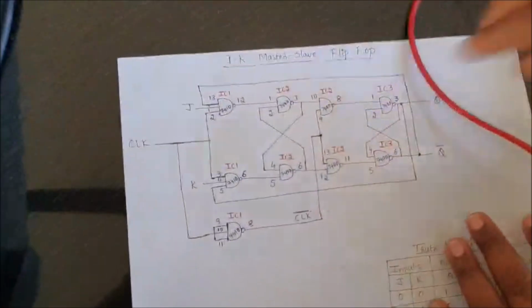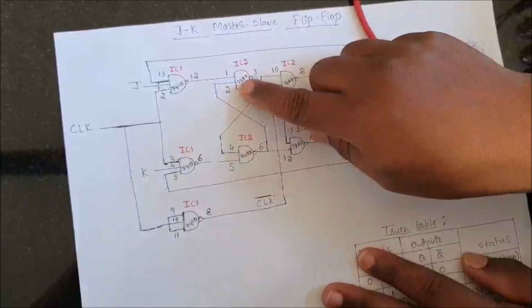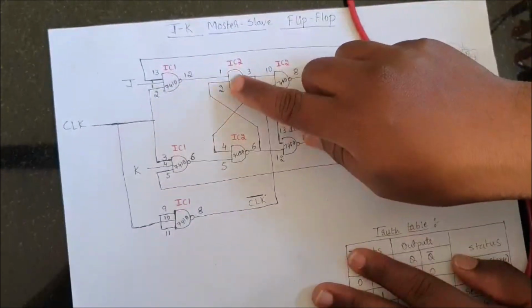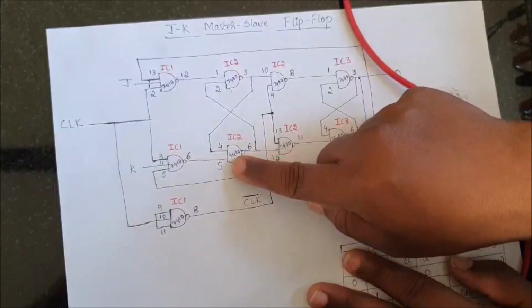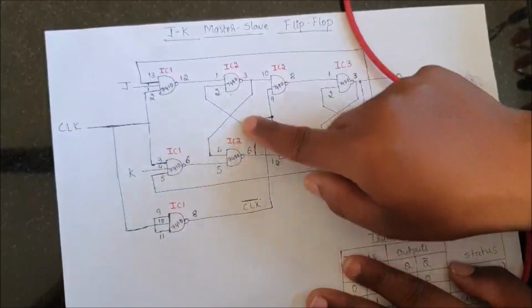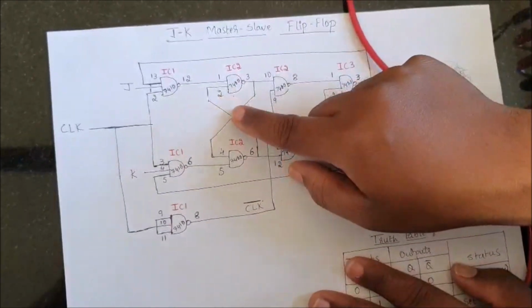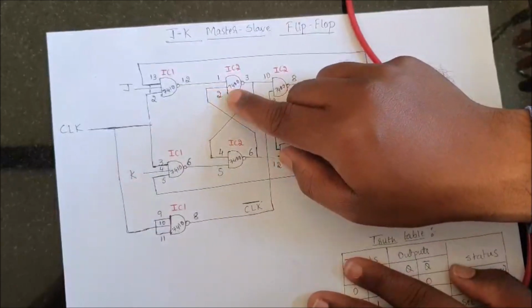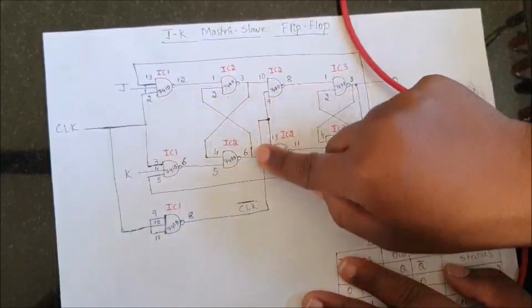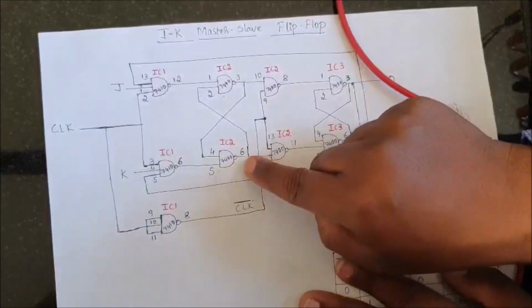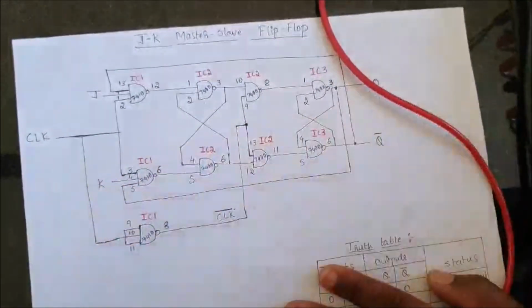Next, you can see another input for this 7400, that is the first 2 input NAND gate, is from the 6th pin of the same IC 7400. So I will take one patch cord. One end is connected to the second pin of 7400 IC2. Another end is connected to the 6th pin of 7400 IC2.